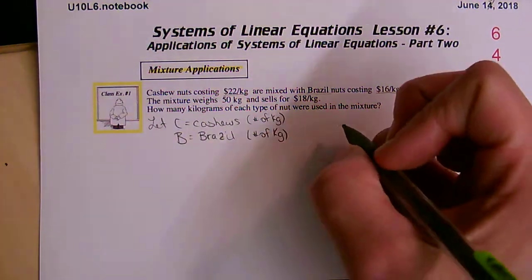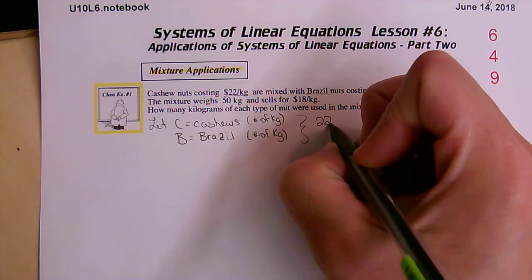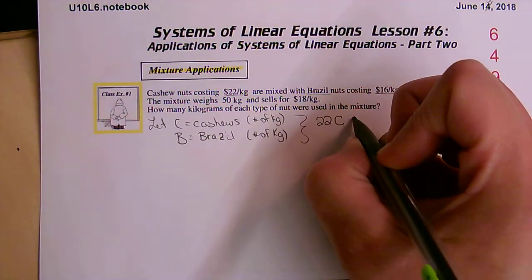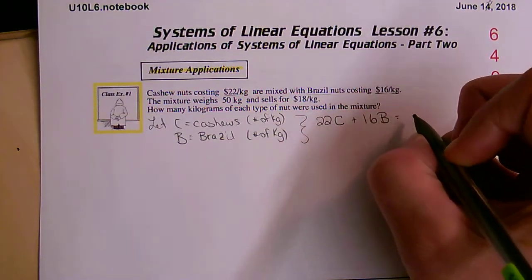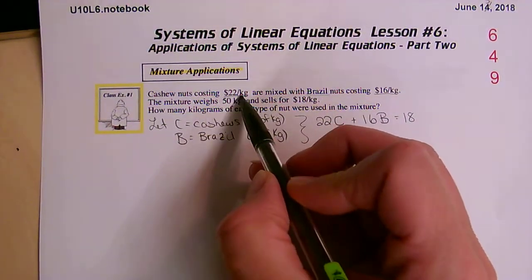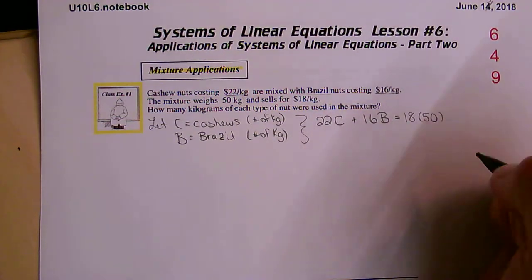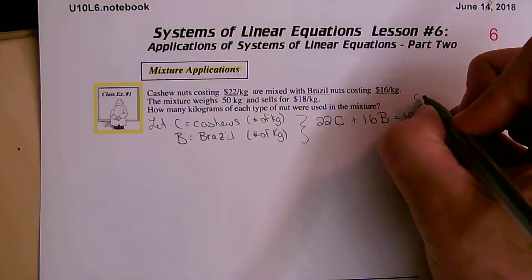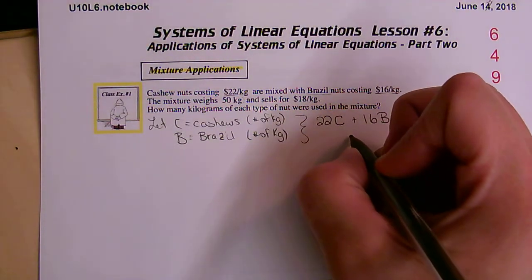So that's going to be the $22 for the cashews and the $16 for the Brazil nuts, which is going to equal the $18 per kilogram, and it's 50 kilograms. Okay, and that 50, remember, that's our cashews plus our Brazil nuts. So that actually gives us our second equation.